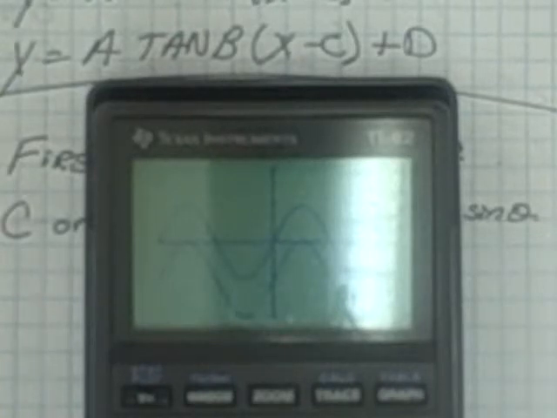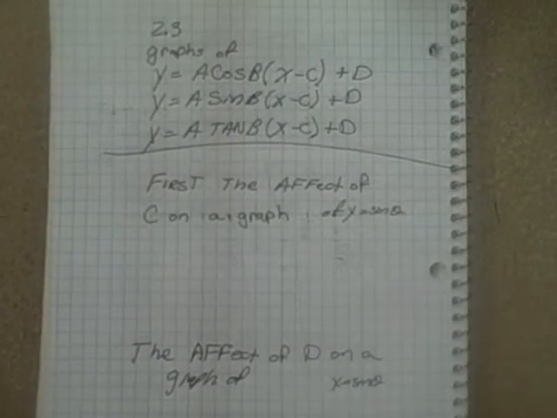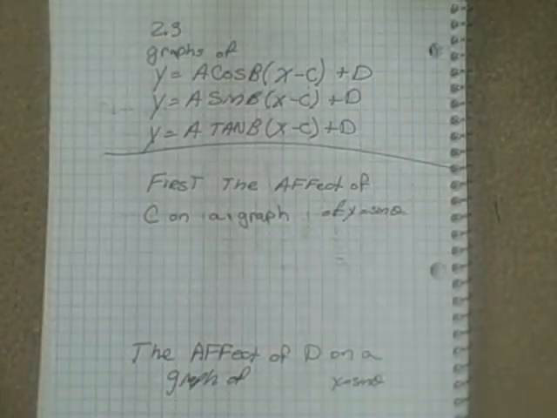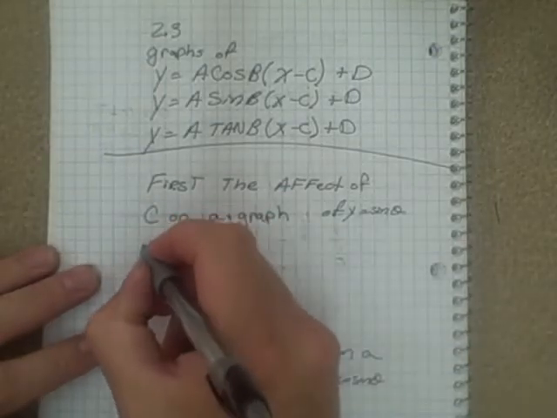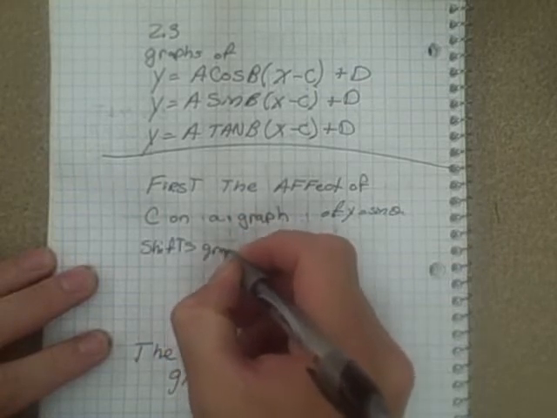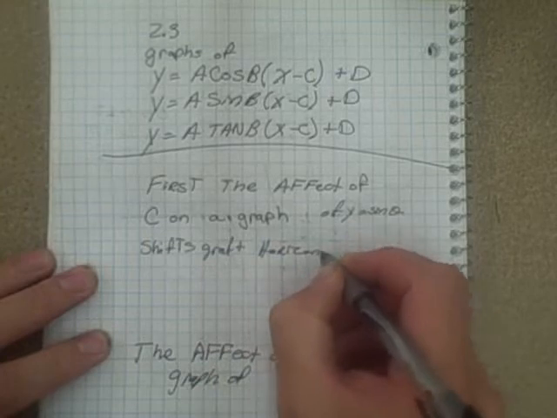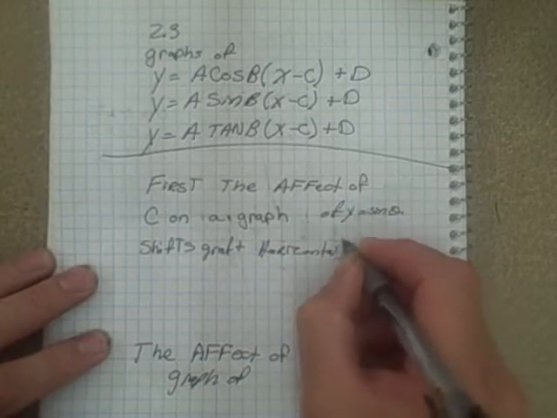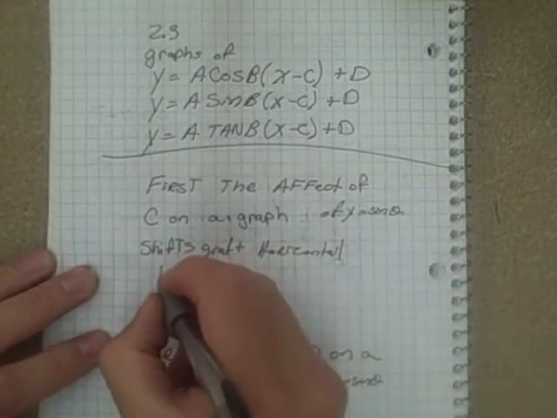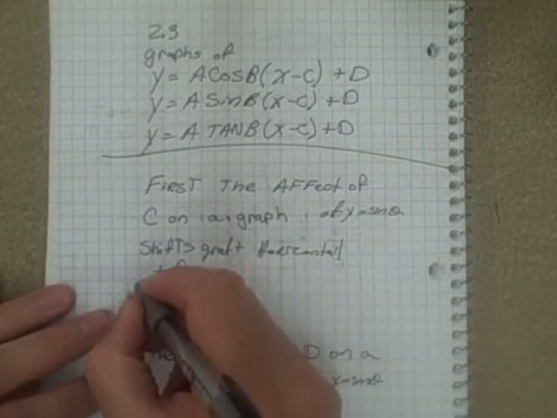Okay, so to summarize our little calculator investigation there, let's zoom this out. The effect of C on a graph is it shifts the graph horizontally. And if it's positive, it shifts it to the left.